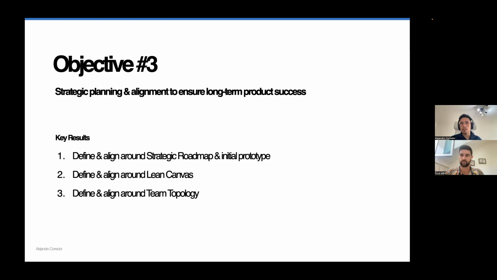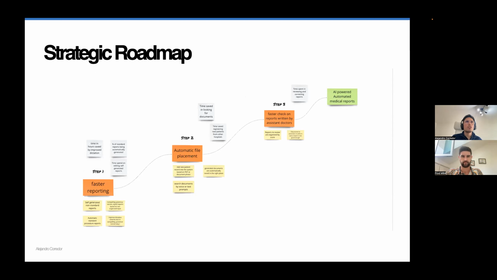And last but not least, a small overview of how the team topology will look at the end, or in 1 or 2 years after starting the development of the product. So first, let's take a look at the strategic roadmap.